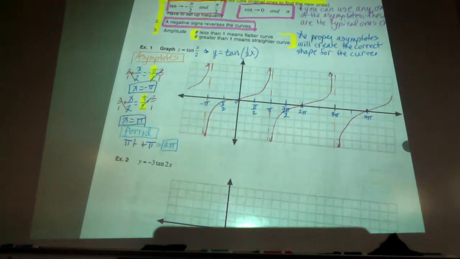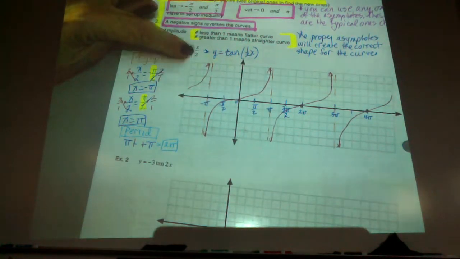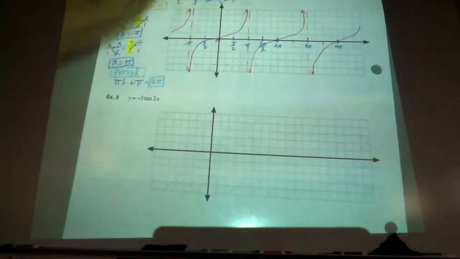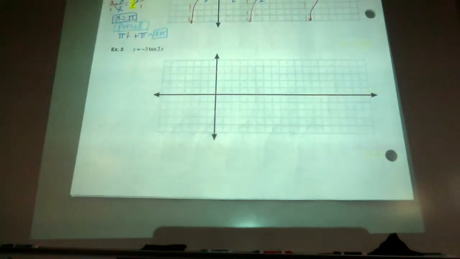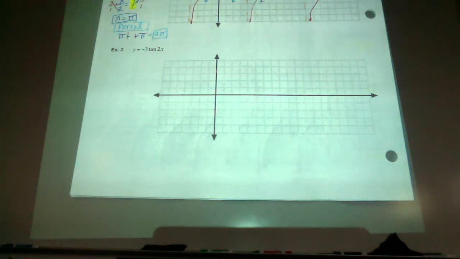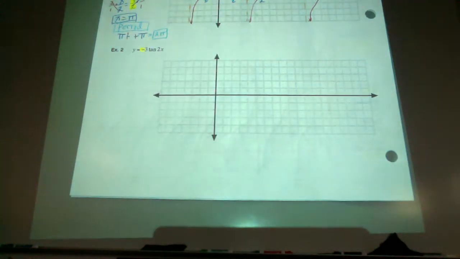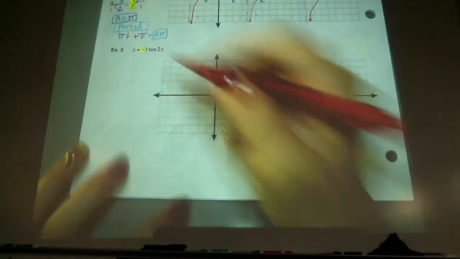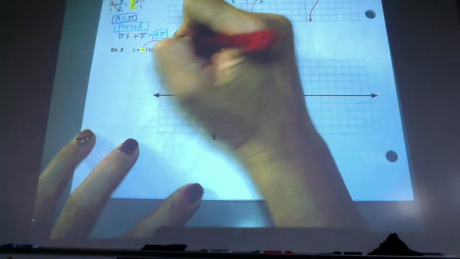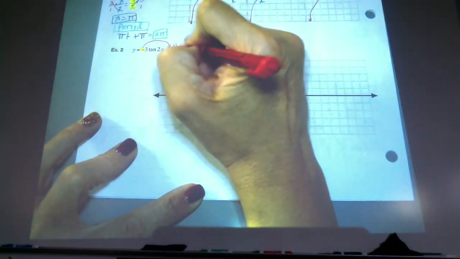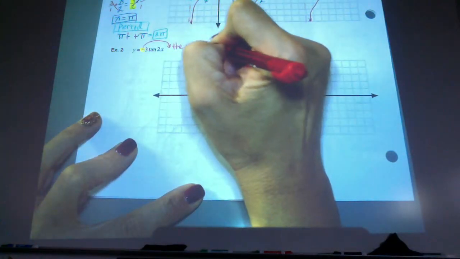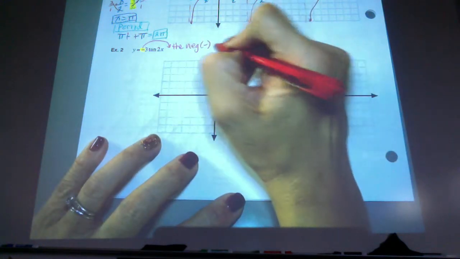Alright, so what happens if we change this from dividing by 2 to multiplying by 2? And then what else do you see on here? We have a negative. A negative implies a change in direction. The curve reverses itself. So write yourself a note. This negative is a reflection.